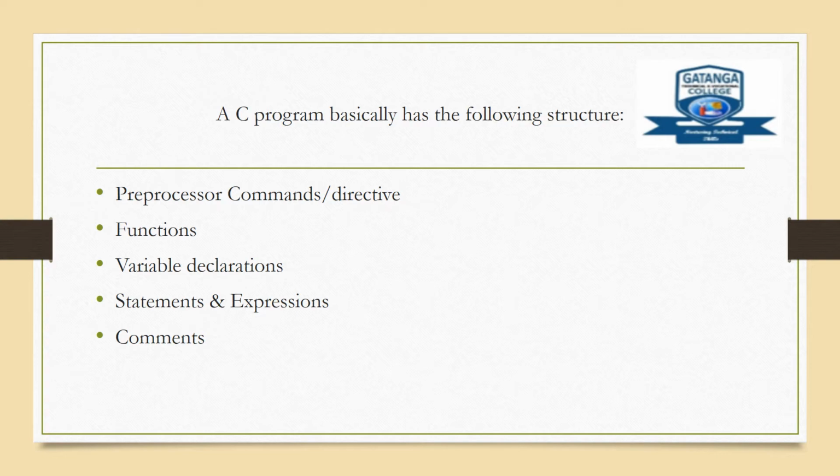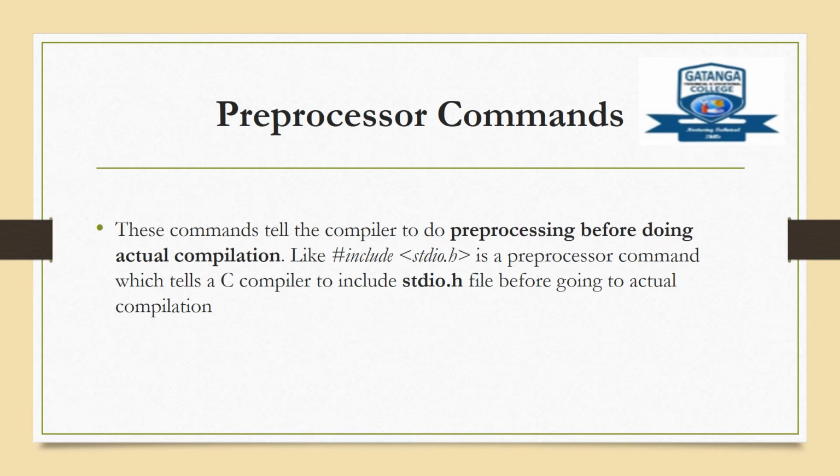We have statements and expressions. We have comments, and the five constitute the structure of a C program. We want to discuss them one after the other, so that when we start writing our programs, we are able to know what each element does.